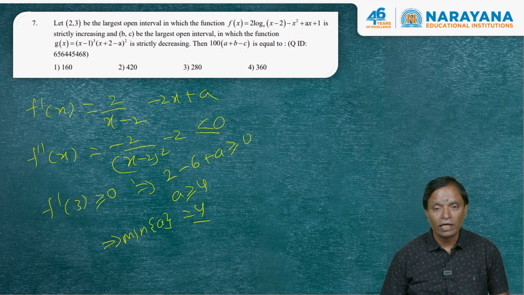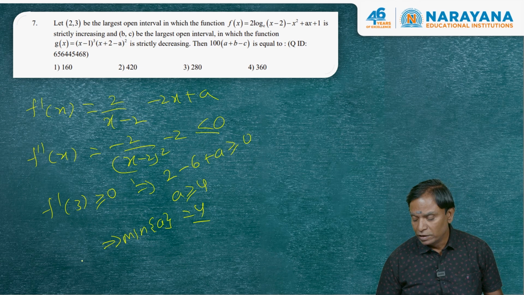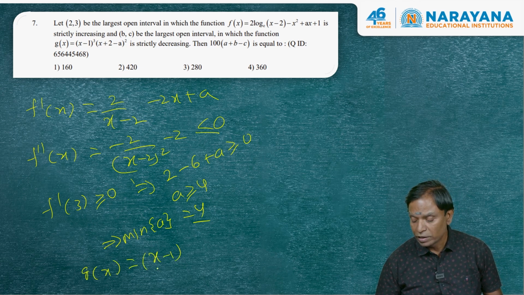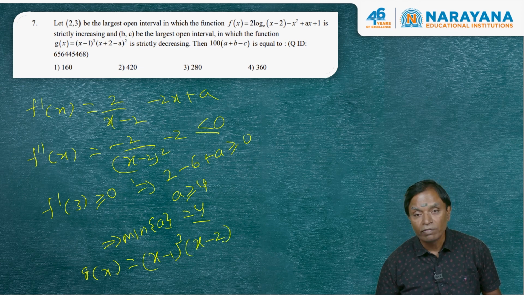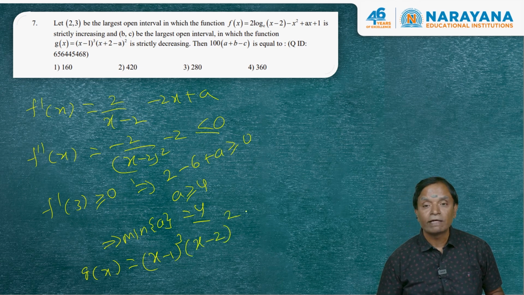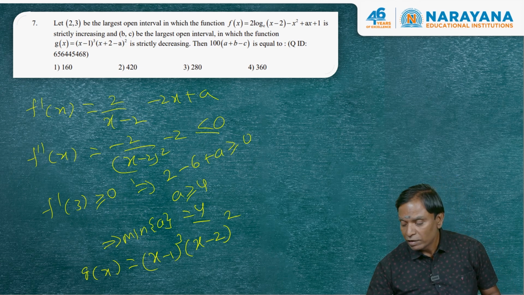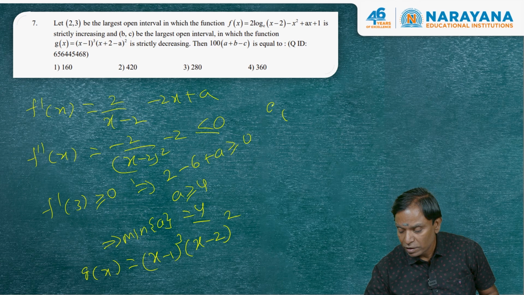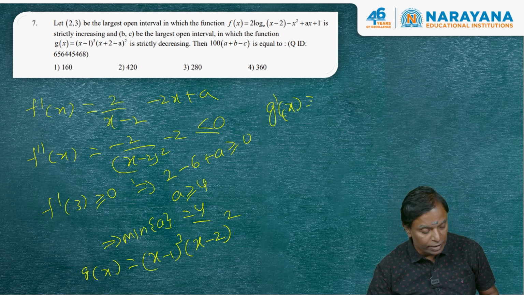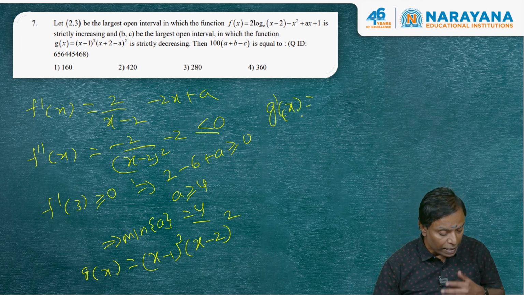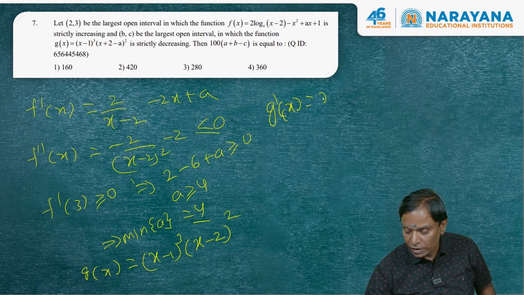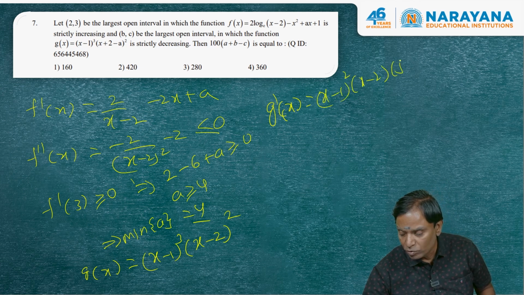Got it? Similarly, you can look at g(x), whatever is there, it is (x-1)³. By substituting the value of a, this will become (x-2)², is strictly decreasing. You can calculate g'(x), and you observe that your g'(x) is (x-1)² into (x-2) into (5x-8).